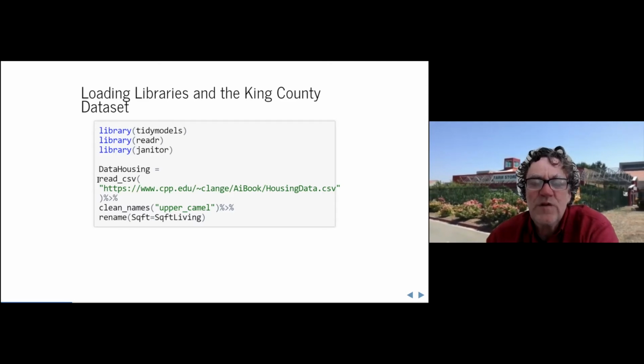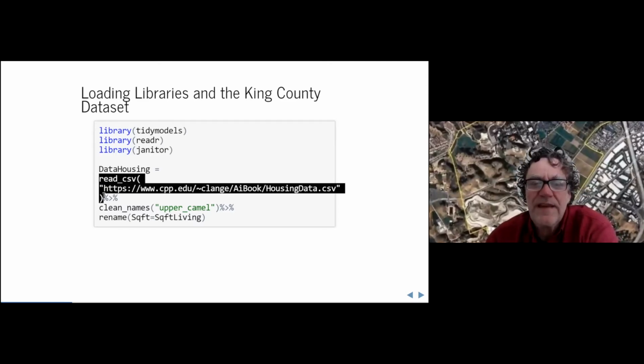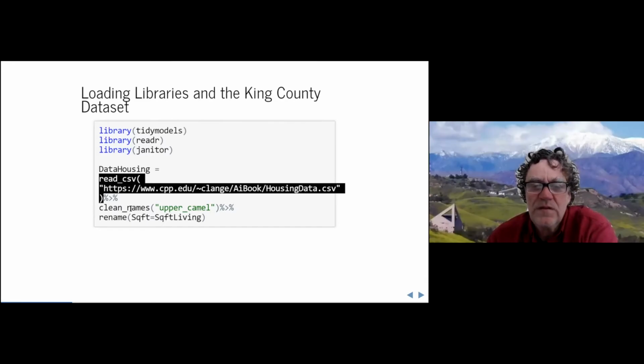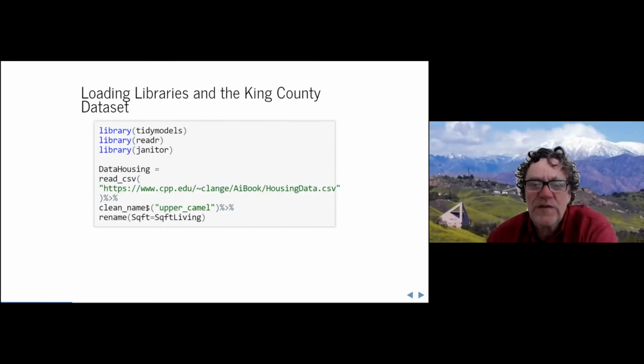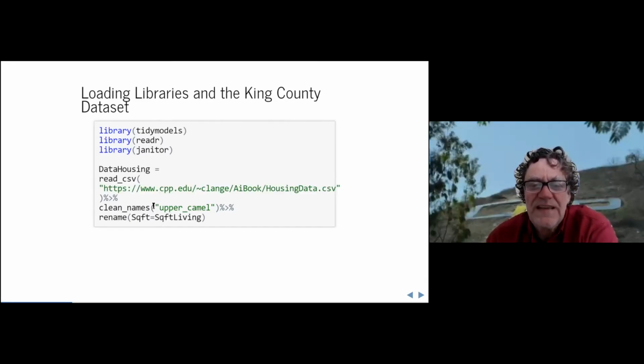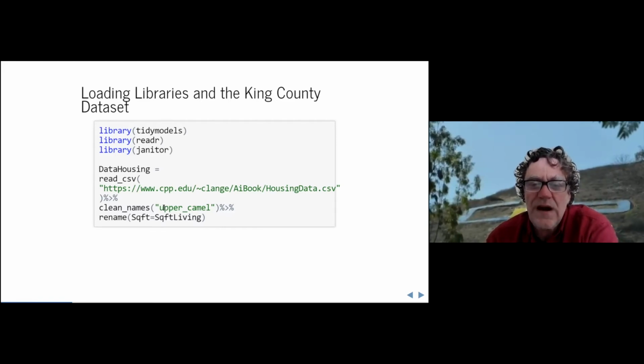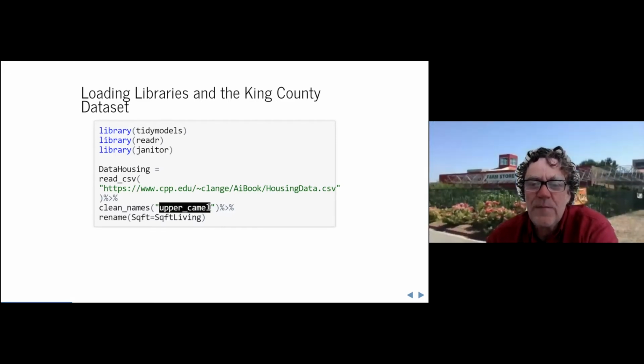So this one reads the data. Now we have a data table. That data table goes here. So this becomes clean the data table, comma, and then the parameter upper camel.